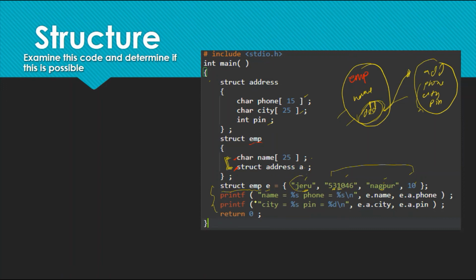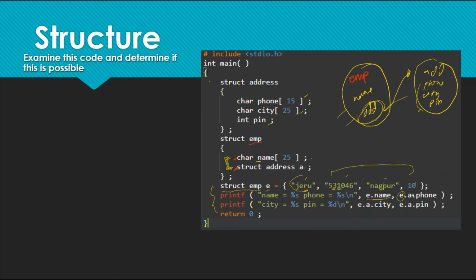Now, what happened is, looking at it, examining it, it seems like it printed everything. In this part here, e.name, it printed the name. So yes, understandable. Then e.a.phone. So, two dots. Meaning, inside this one is a structure.